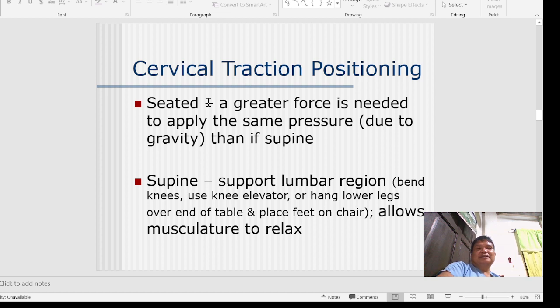That's why we use an elevated knee position for patients receiving lumbar traction. Sometimes a pillow is used. This allows your lumbar spine to become neutral or relaxed. The same is true for the neck.